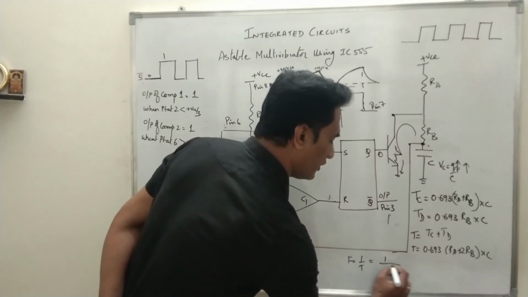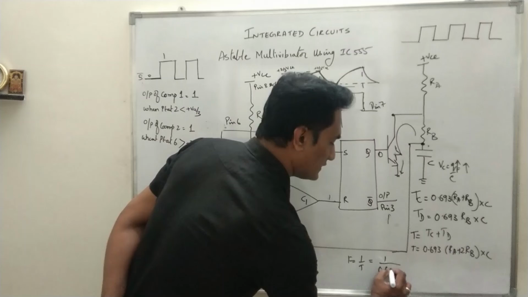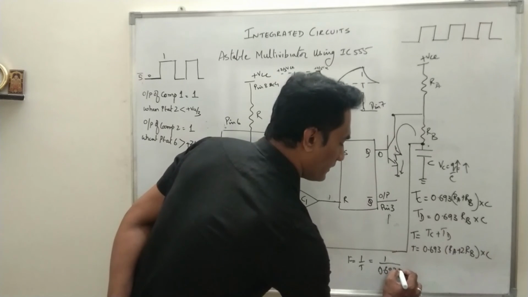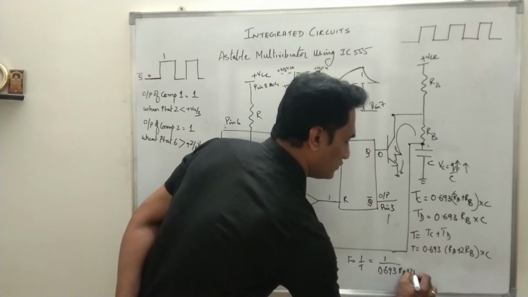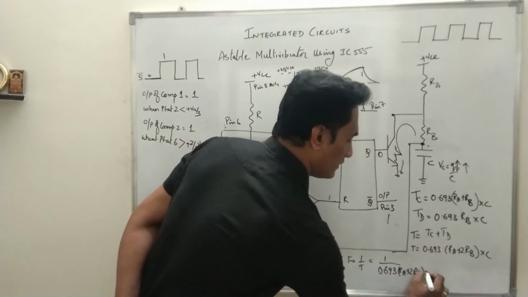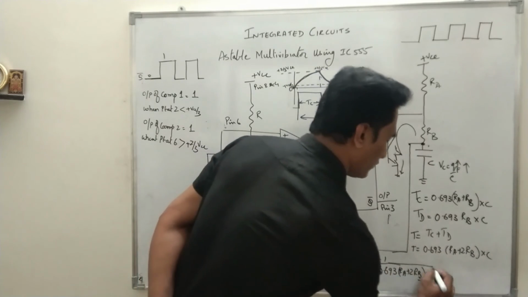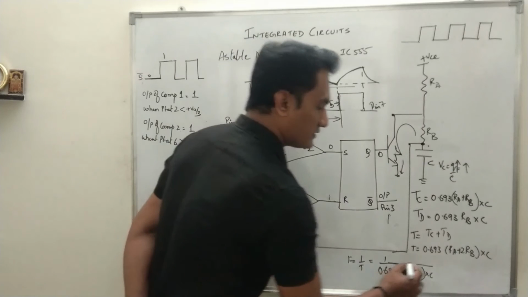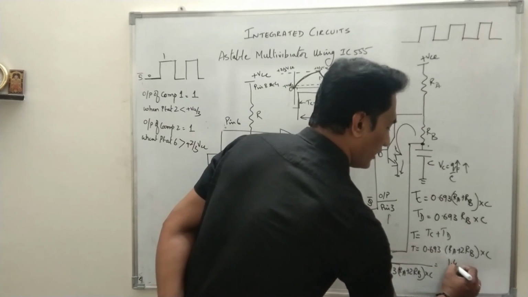So f is 1 upon 0.693 (RA plus 2 RB) into C. That is the formula for frequency, and 1 upon 0.693 is 1.44.